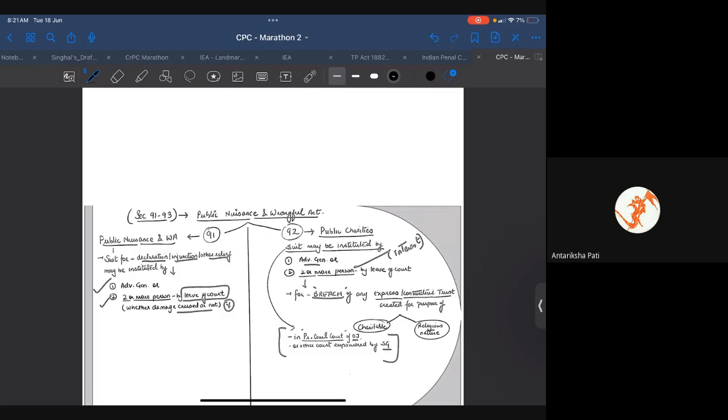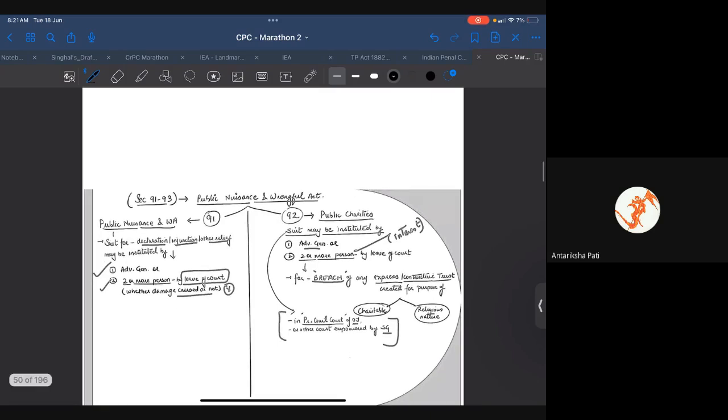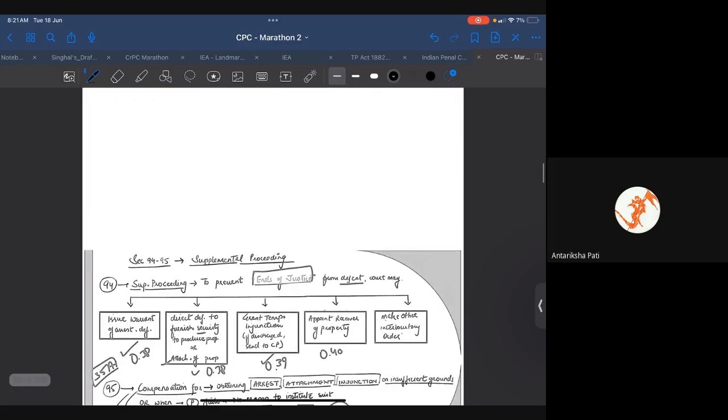And section 92 says public charities: a suit may be instituted by the Advocate General or two or more persons by leave of the court for breach of any express or constructive trust created for a charitable or religious purpose. Here also, the Advocate General or two or more persons who are interested in the trust may file. So for public charities you can file, and for public nuisance under 91 you can also file, either the Advocate General or two or more persons.